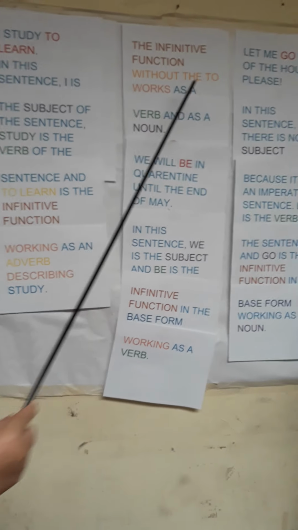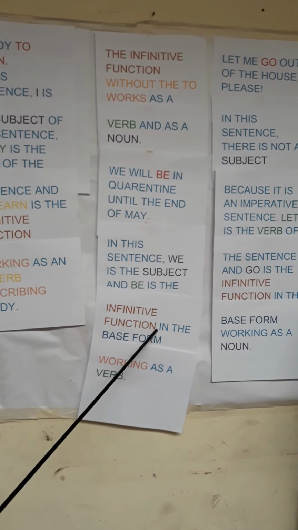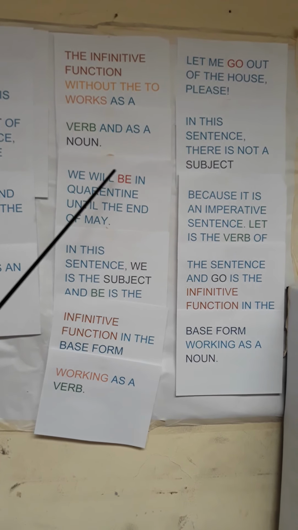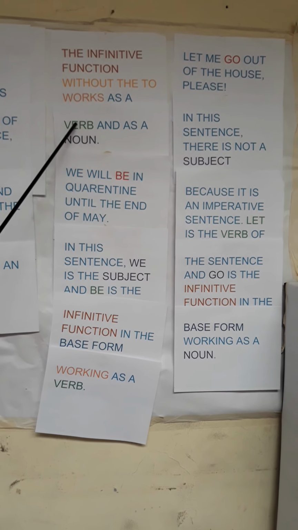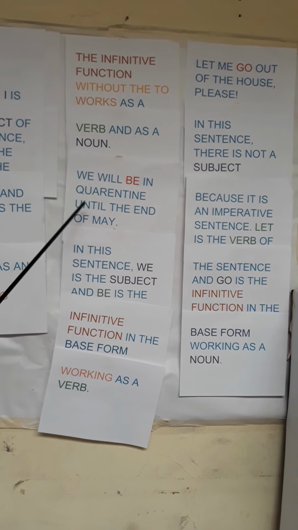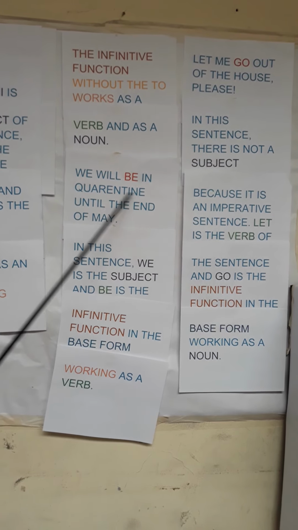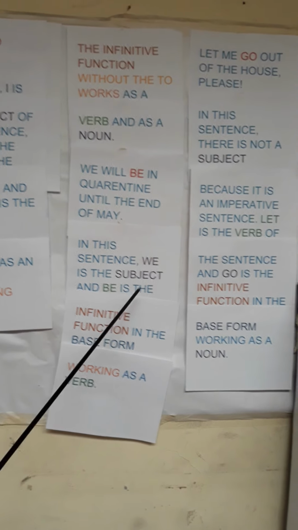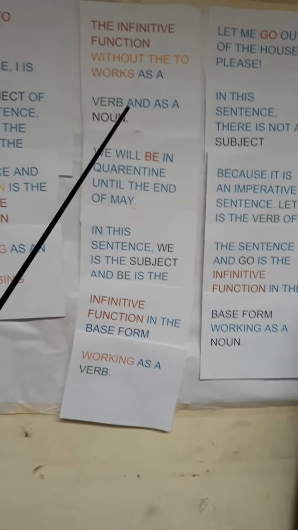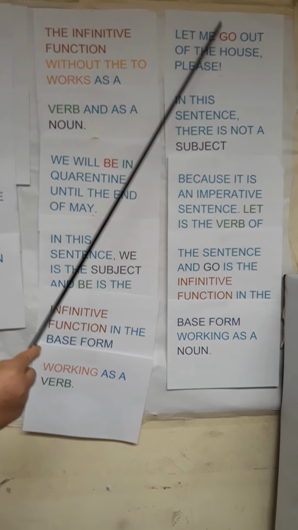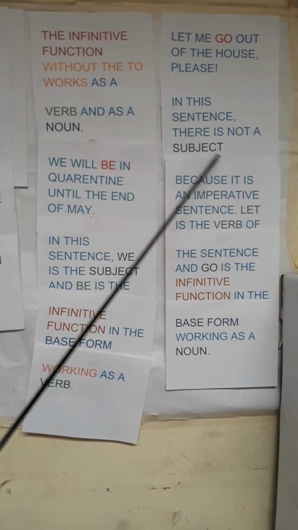But the infinitive function without the to, the one we call base form, okay, that works as a verb and as a noun. Okay, so it says we will be in quarantine until the end of May. So as I said, be is the base form of the verb, and here is the noun. Let me go out of the house, please, in this sentence.